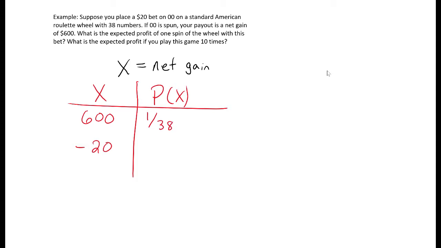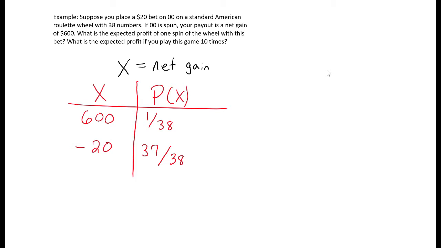There's only one 00 on a roulette wheel. Then the negative 20 represents the case where we lose. If there's one number out of 38 that's going to win the game for us, that means there's 38 minus 1, aka 37 numbers that will lose for us. So 37 out of 38 is the probability that we have a net loss of $20.